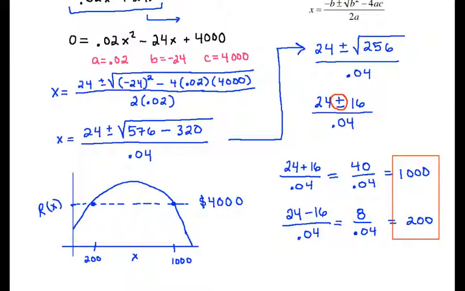We're going to accept both of these answers because they both absolutely make sense in the context. So we're going to say either 200 or 1,000 passes as our final answer.